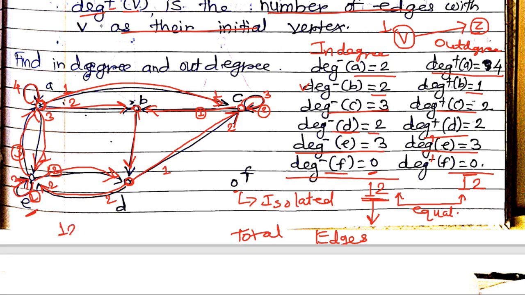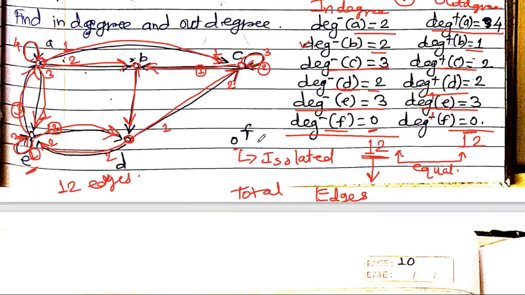So there are 12 edges. So the sum of in degrees is equal to the sum of out degrees is equal to the number of edges in the graph. So this is the theorem.